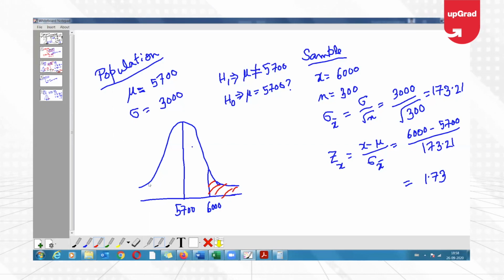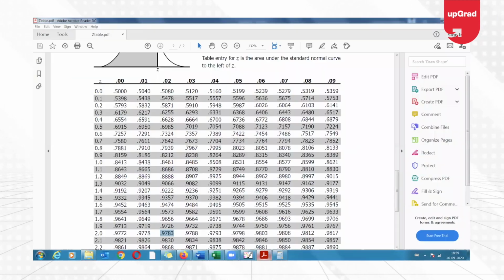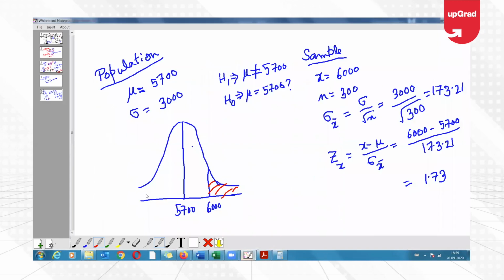The other is on this side, but I'll not calculate there. I'll rather find it here and then multiply it. So z-score of 1.73 is 0.9582. There is the other side. This side is 0.9582. So this side will be 1 minus 0.9582, which is equal to 0.0418.